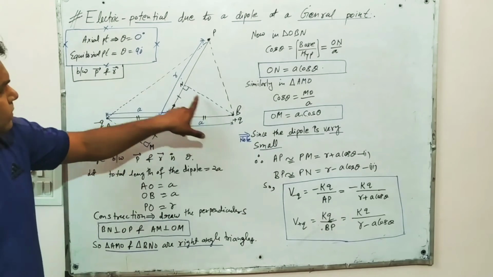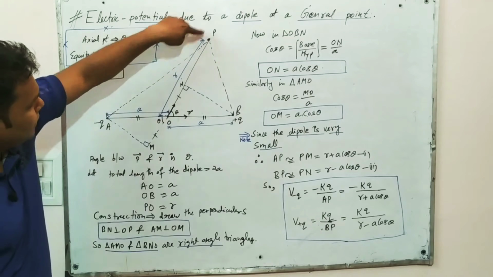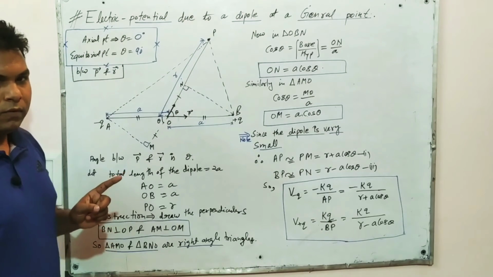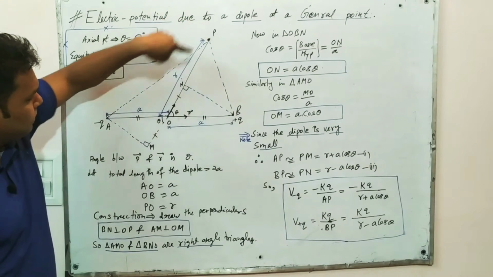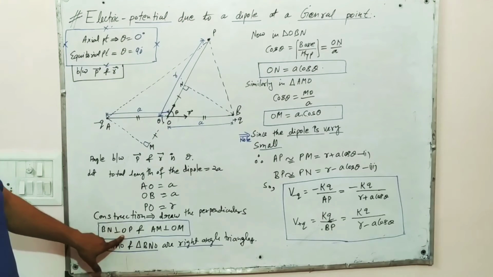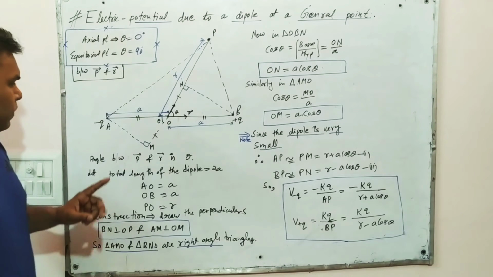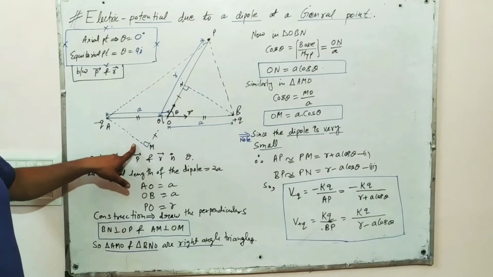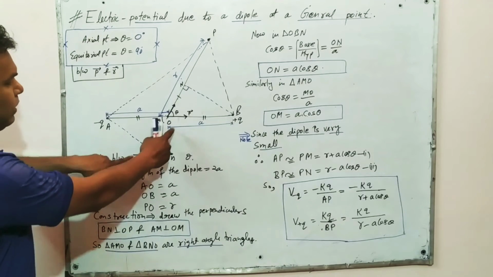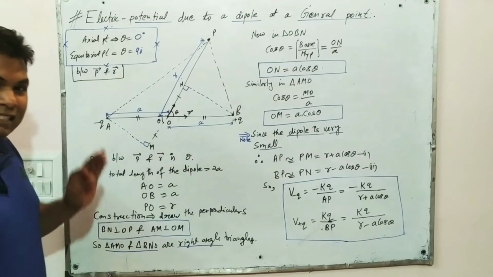We have to draw one perpendicular whose name is BN over PO. So BN is perpendicular to PO, and similarly we have to draw perpendicular AM on PO. So this is our construction.